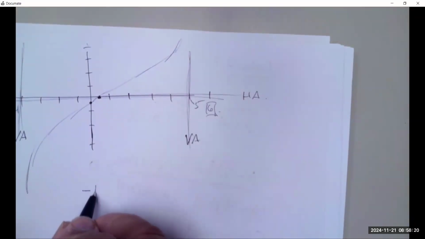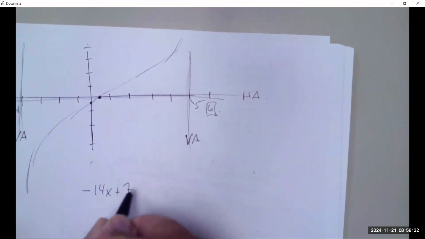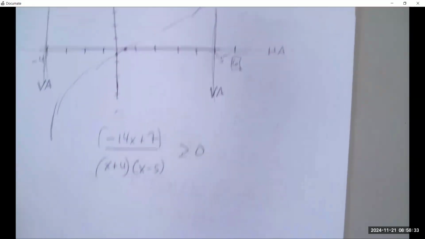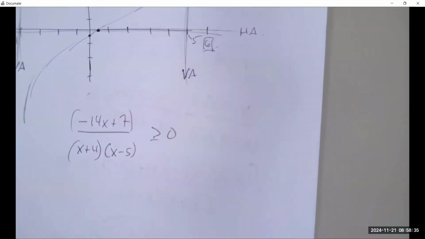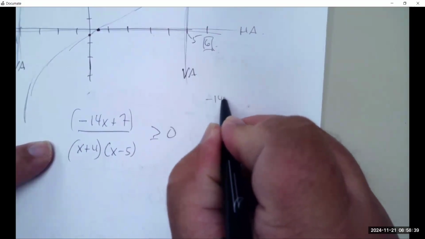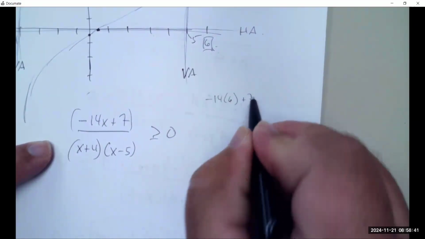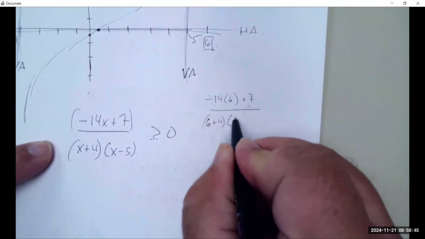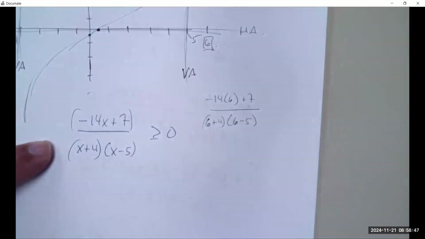I'm using the equation negative 14x plus 7 over x plus 4 times x minus 5. So when x is 6, I get negative 14 times 6 plus 7 over 6 plus 4 times 6 minus 5.